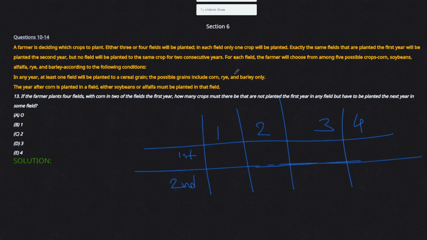So question number 13. If the farmer plants 4 fields with corn in 2 of the fields the first year, how many crops must there be that are not planted the first year in any field but have to be planted the next year in some fields? What we're working with here is that the question is asking us how many crops that have not been planted in the first year need to be planted in the second year.